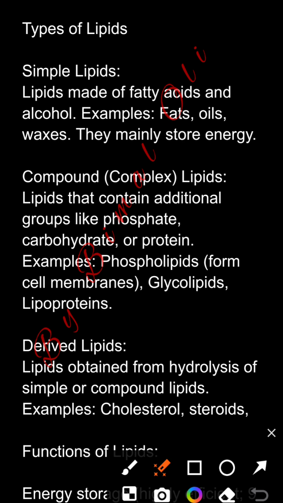They mainly store energy. Compound or complex lipids contain additional groups like phosphate, carbohydrate, and protein. Example: phospholipids, glycolipids, and lipoproteins. And the last one is derived lipids, obtained from hydrolysis of simple or compound lipids. Example: cholesterol and steroids.